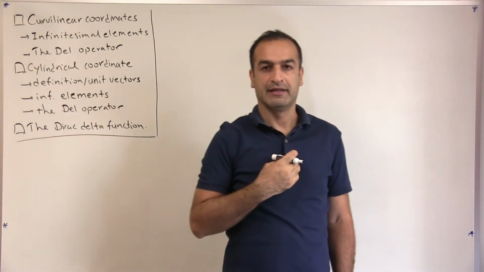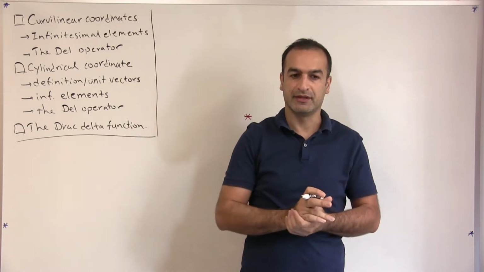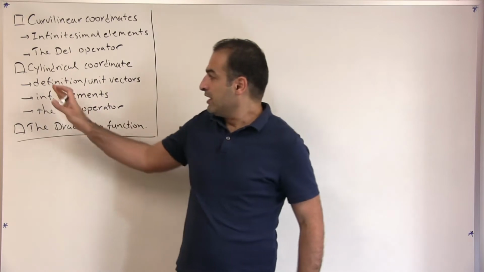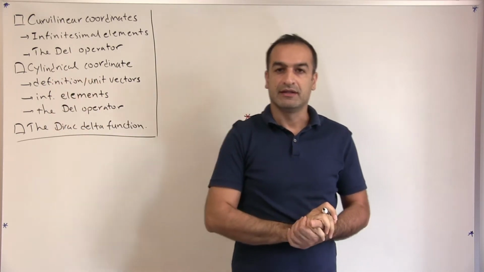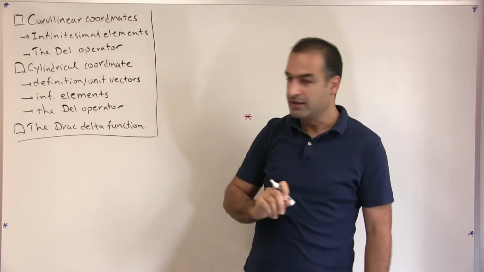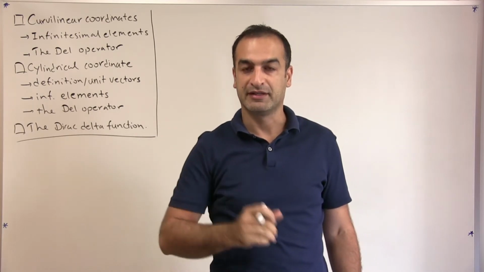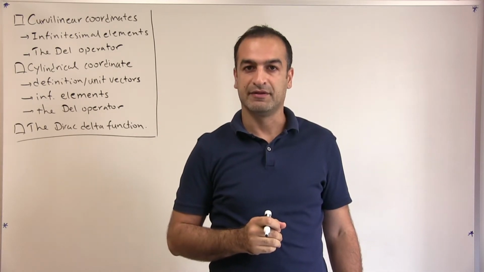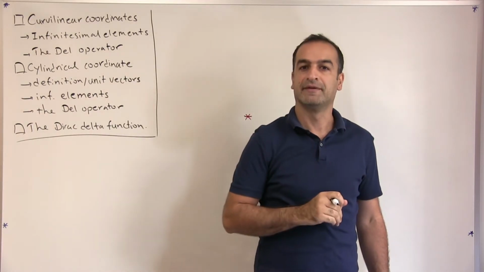It has some similarities and some differences with the spherical coordinate. I'm going to repeat the same things: definitions, unit vectors, infinitesimal elements, and the del operator. And after that, we're going to move to the Dirac delta function, which is a very interesting topic and very relevant to electromagnetism that we will be dealing with this semester.